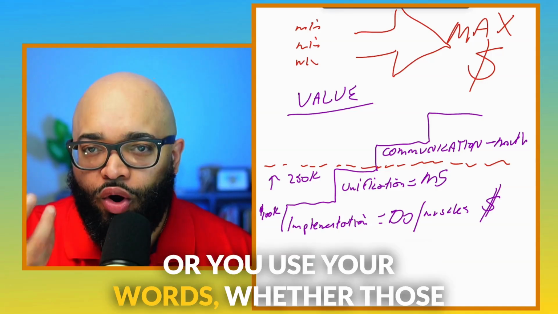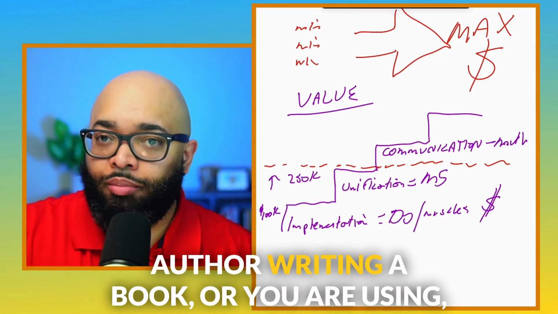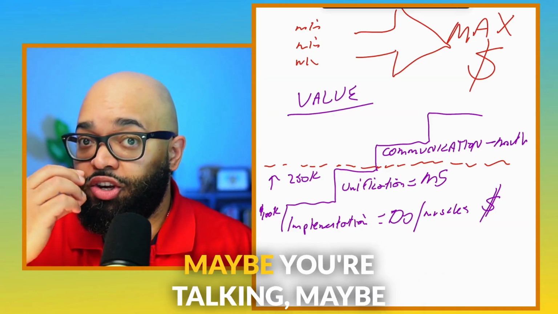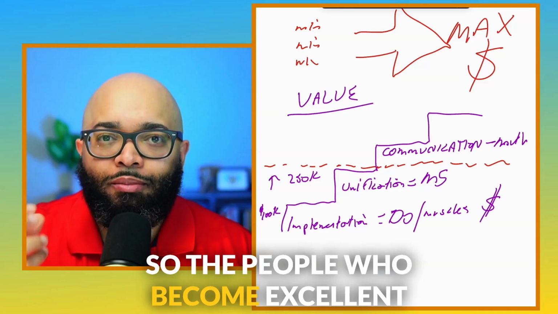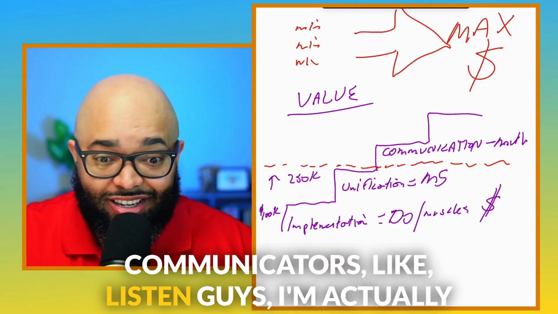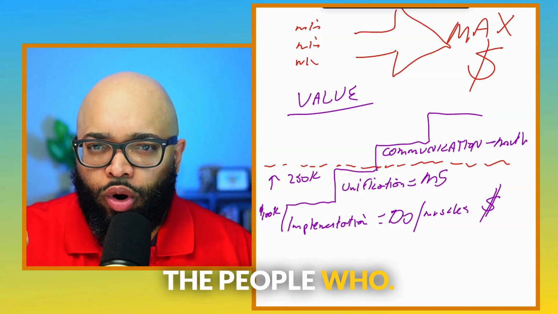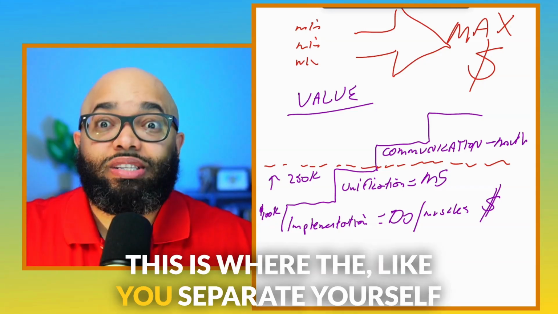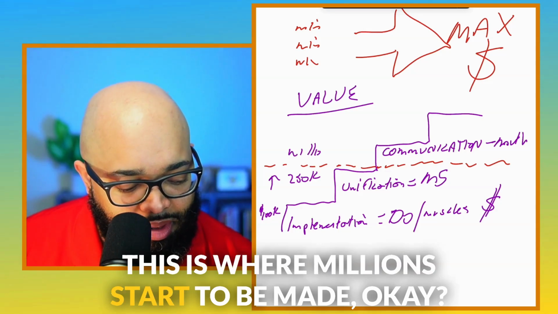Or you use your words, whether those words are written, like in the case of an author writing a book, or you're physically using your mouth, maybe you're talking, maybe you're singing, right? So the people who become excellent communicators, like, listen, guys, I'm actually communicating right now, right? The people who are really good communicators, this is where you separate yourself from the masses. This is where millions start to be made.